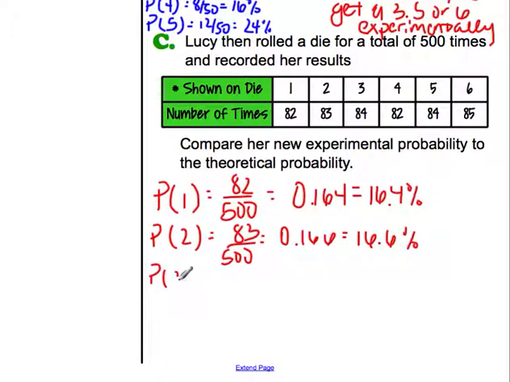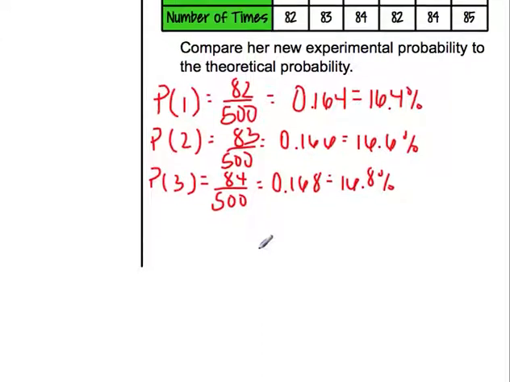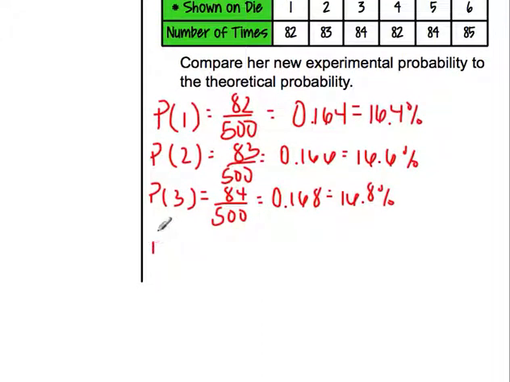The probability of getting a 3 is 84 out of 500, or 0.168, or 16.8%. I apologize for my handwriting. I'm going to extend the page here. The probability of getting a 4 is, again, 82 out of 500, which we know is 16.4%.